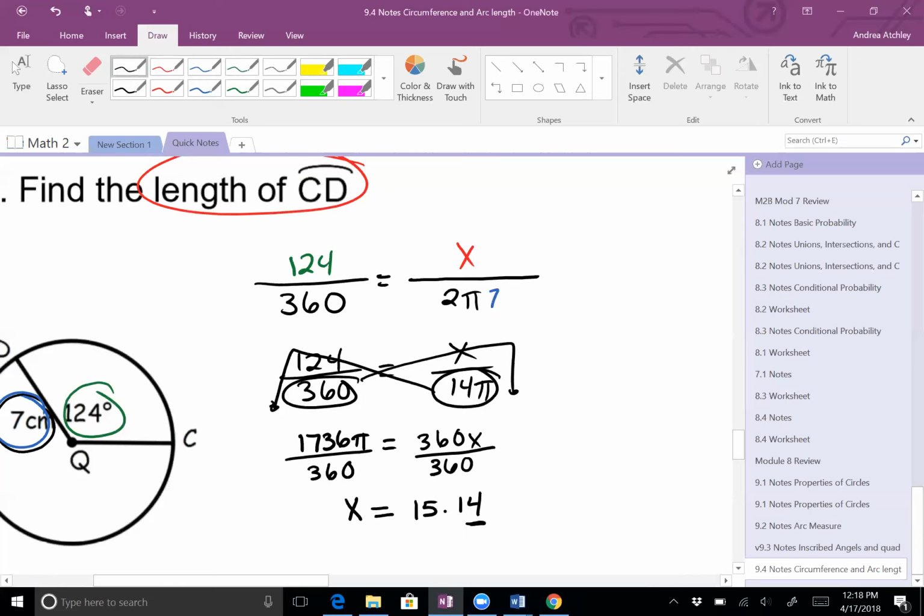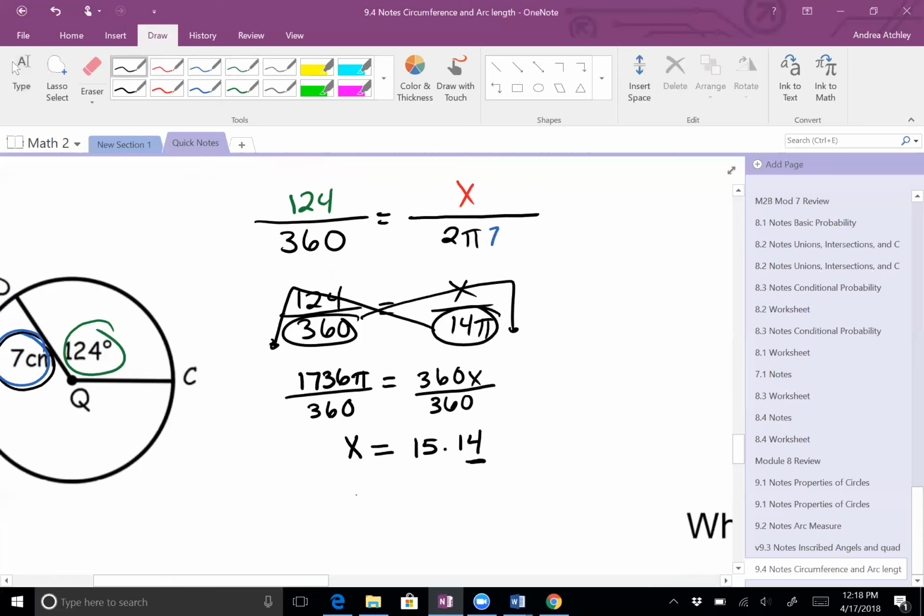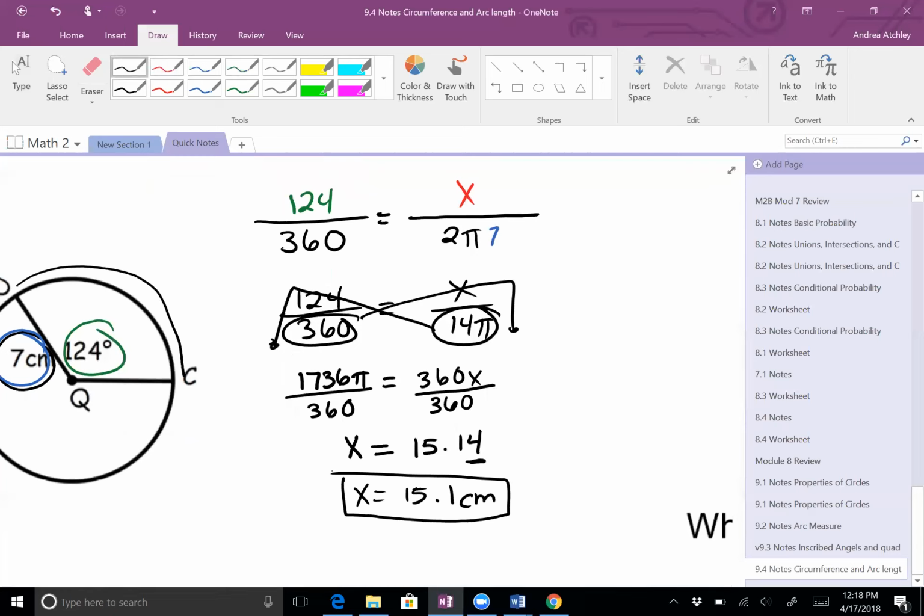Yes or no? Nope. So I'm going to leave it as x equals 15.1 centimeters. So this arc length is 15.1 centimeters. Any questions over that? We're all good?